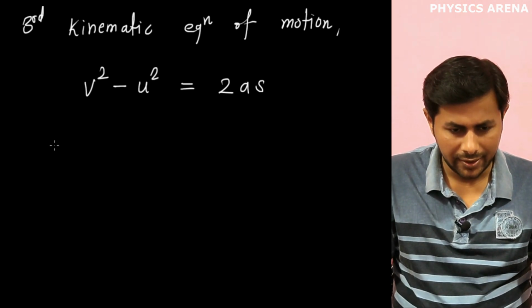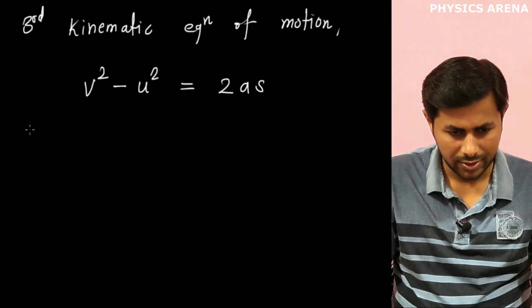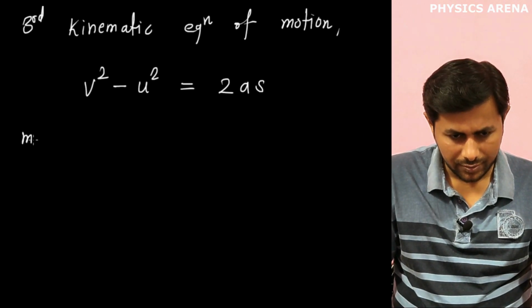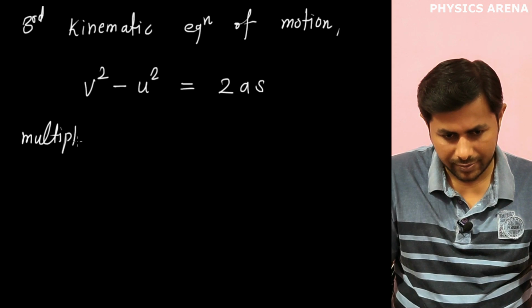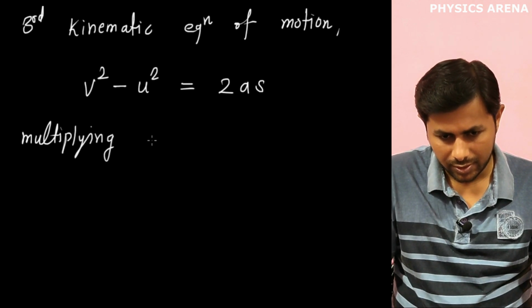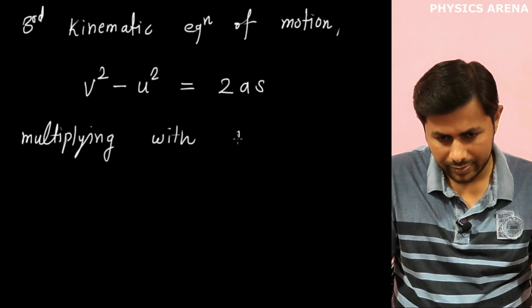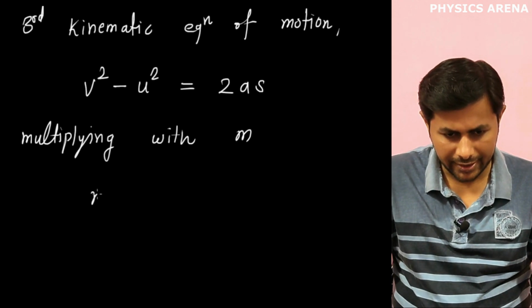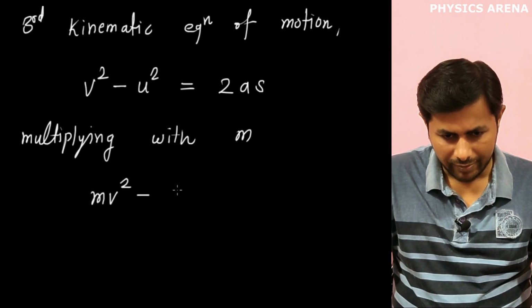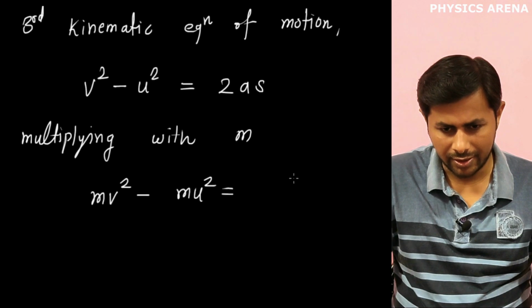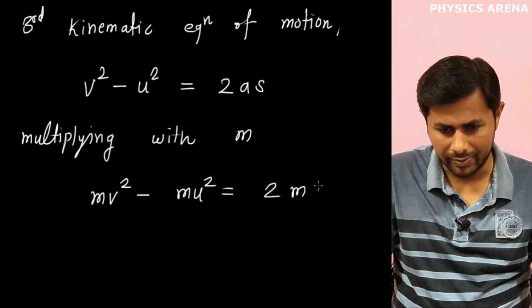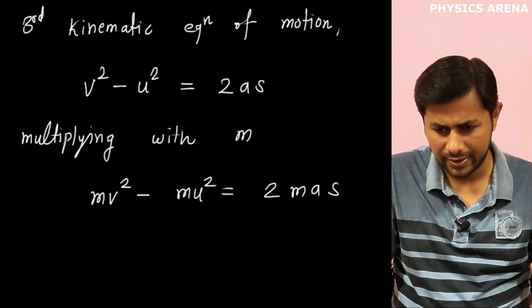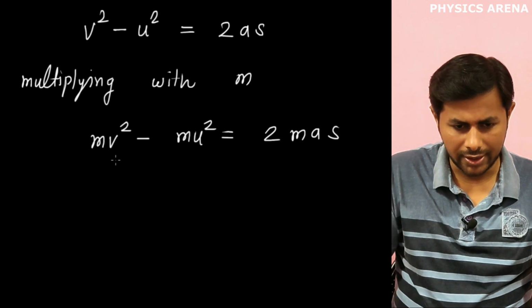Multiplying with m, I get m v squared minus m u squared equals 2 times m into a times s, and I will take 2 on the other side.